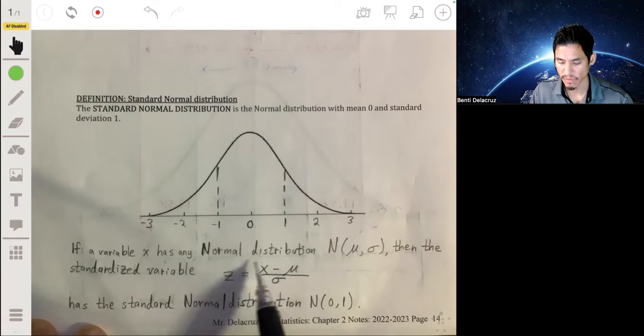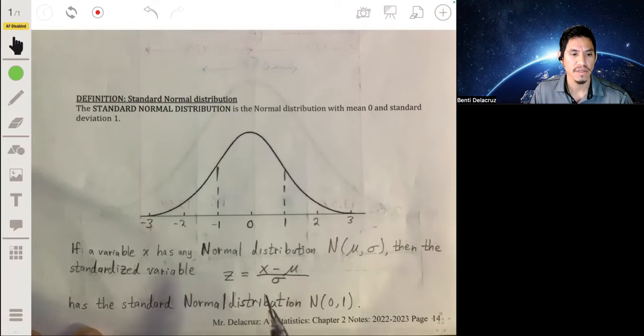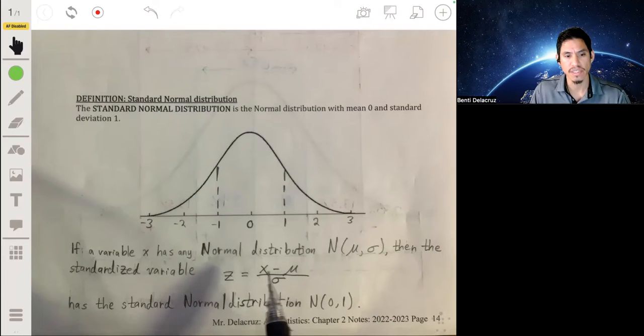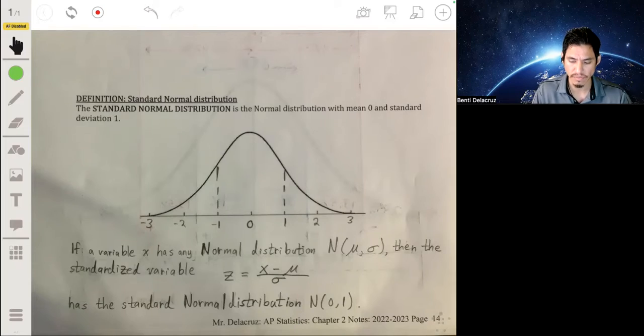Recall from the previous section, the z-score is also known as a standardized value, and it's basically a measure of how far that value is from the mean value in that distribution.